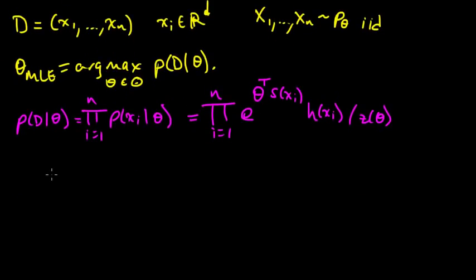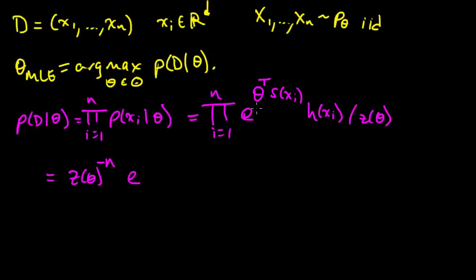And this becomes, well, let's put the z's out front first: z to the minus n, z to the minus 1, n times, and the product of the h's. Actually, let me put that at the end.